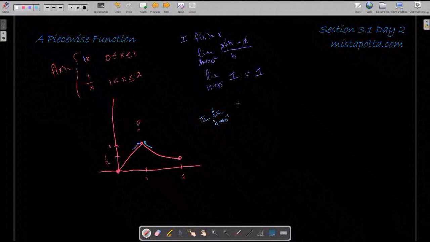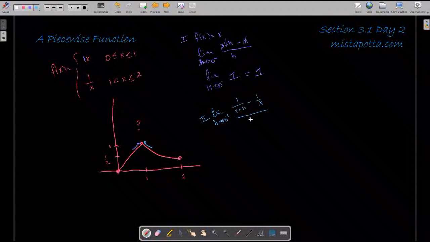So I'm going to be looking at 1 over x plus h minus 1 over x, all divided by h. And this is a little bit more complicated. I need to get a common denominator here.